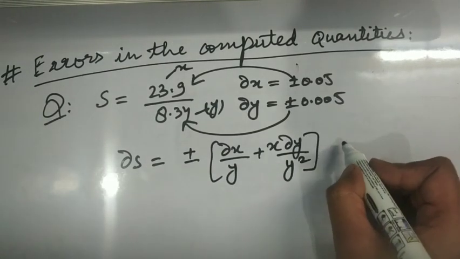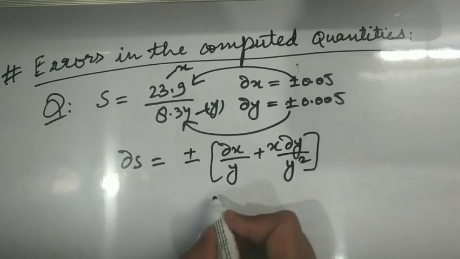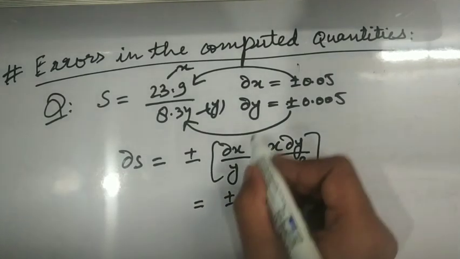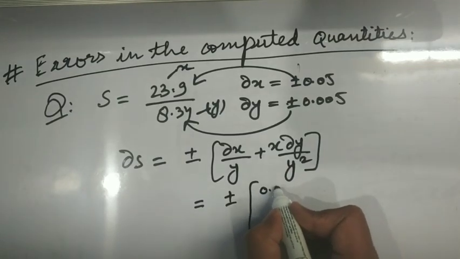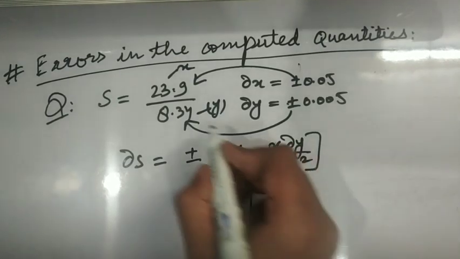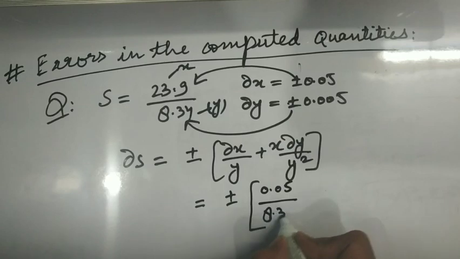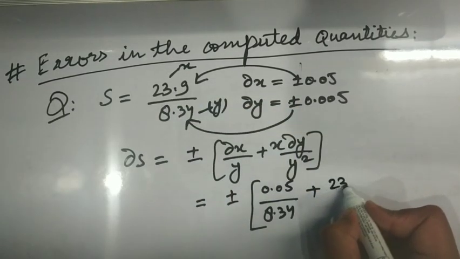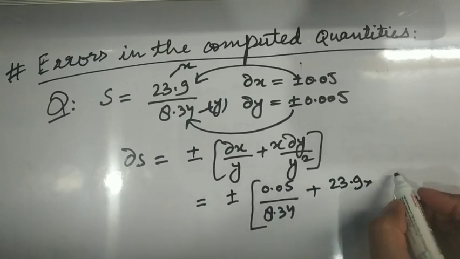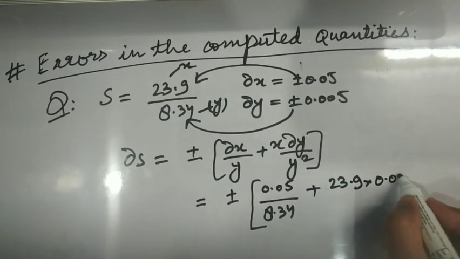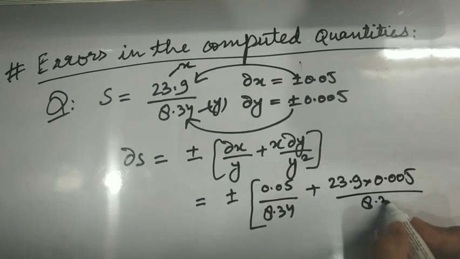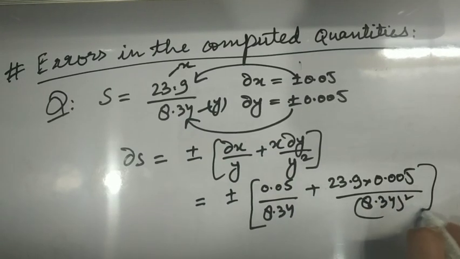On substituting the values, we get plus minus, see, dou x is 0.05 upon y is 8.34 plus x is 23.9 into dou y is 0.005 upon y square, or y is 8.34 square.